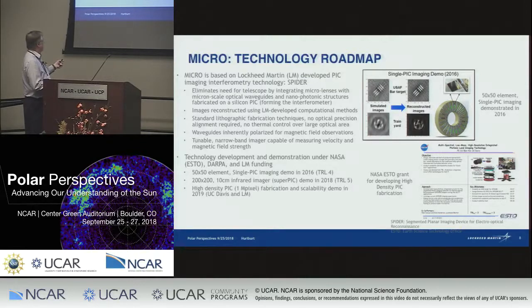So they're scaling up right now to a 200 by 200 element system that hopefully is going to be done by the end of the year, called SuperPIC, and they're intending to scale up to about a mega element in the next few years. Oh, there's the acronym: Segmented Planar Imaging Device for Electro-Optical Reconnaissance. So this has been underway for a while now, and we're just piggybacking on top.